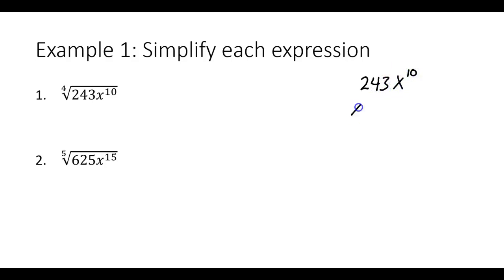What times what makes 243? You guys notice that it's not an even number, right? So it doesn't end in a 0 or a 2, so it's not even. So I can't divide by 2. How about 3? Maybe 3 goes in there.